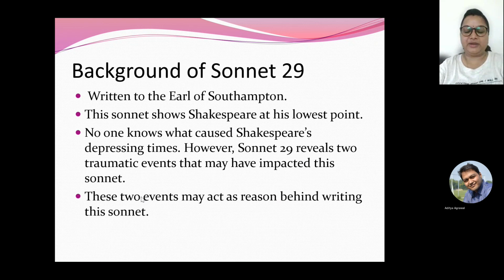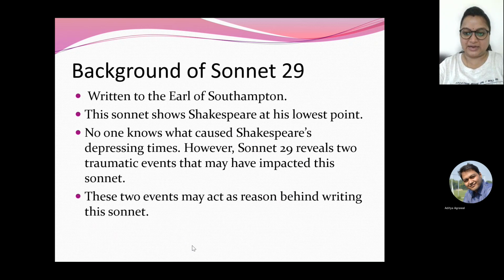Because at that time when Shakespeare wrote this sonnet, he was suffering from a very difficult situation, and he was at his lowest point, and no one knows the actual cause behind his lowest point at that time. But there are two traumatic events that may have impacted this sonnet. So these two events may act as a reason behind the writing of this sonnet.